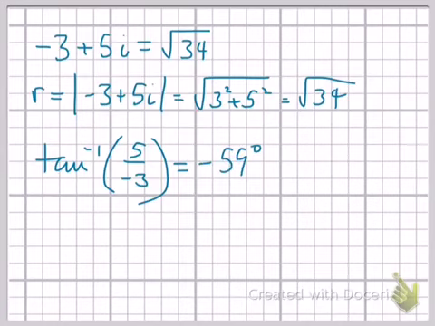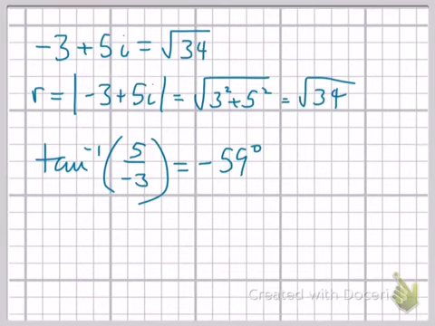Is it -59 even? 0.03. We'll leave it -59.03. We're not going to get that technical at this point. If we were dealing with vectors with magnitudes of hundreds of miles, then we would want to keep the 0.03. We might want to keep 4 decimal places, because it makes a difference when you're talking about large magnitudes. But we'll just leave this at -59 degrees for now.